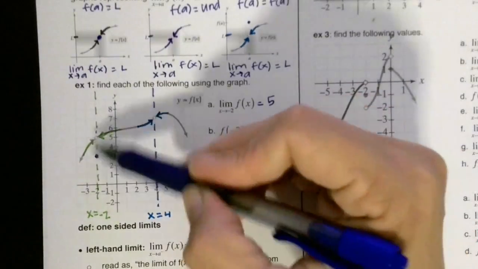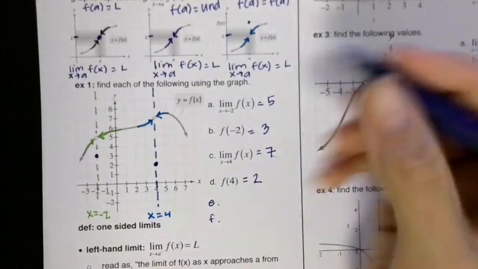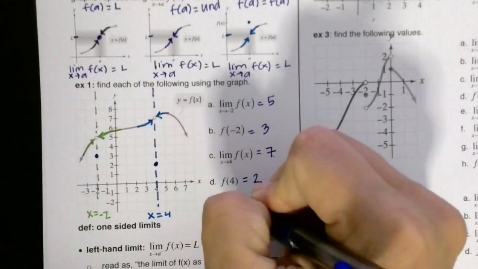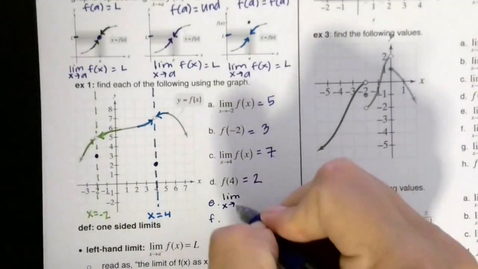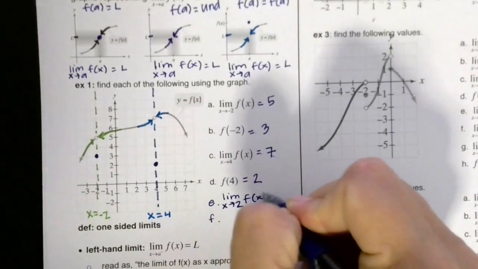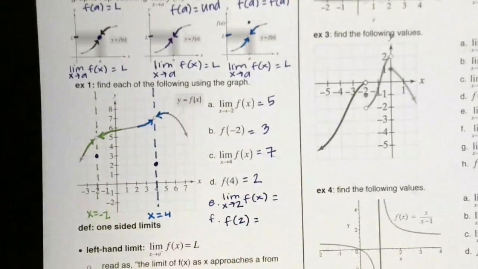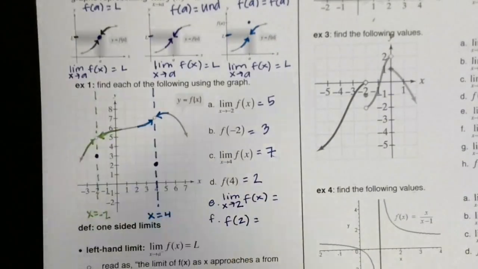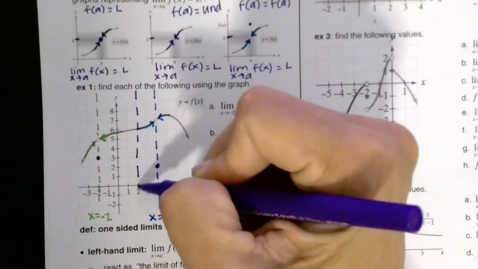These were very specific examples right here where we have some discontinuity in our graph. But if I asked you, what is the limit as x approaches 2 of f of x? And then if I just asked you, what is f of 2? I want you guys to see the difference. So here is x equals 2, right here.